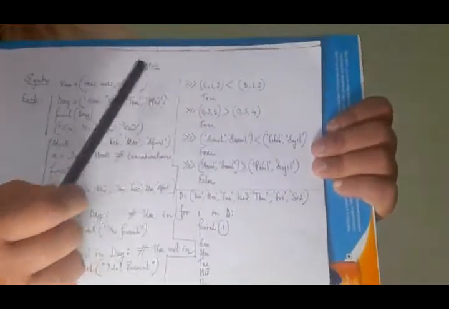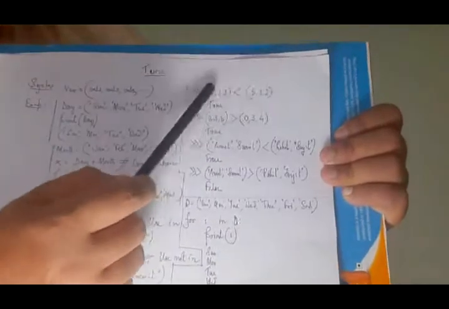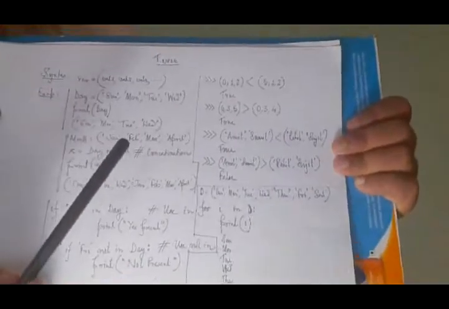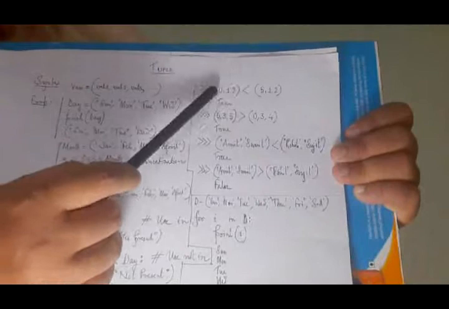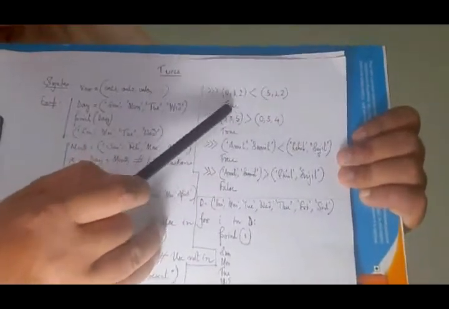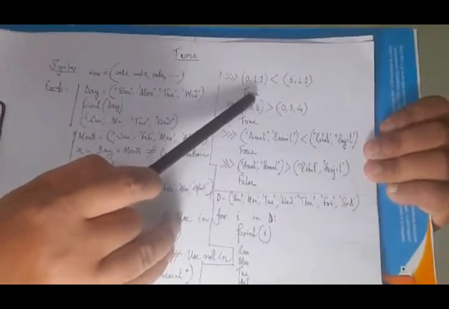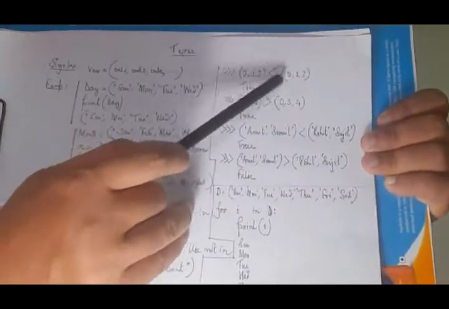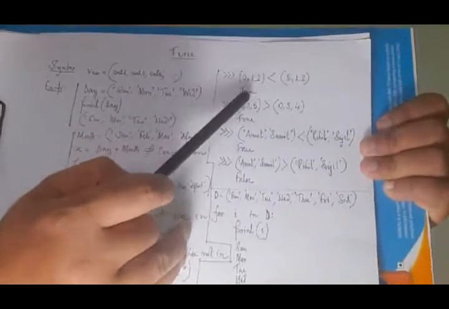So what happens? First to first gets compared. If first to first is decided, then the output comes as a Boolean value, true or false. So naturally 0 is less than 5, so true.